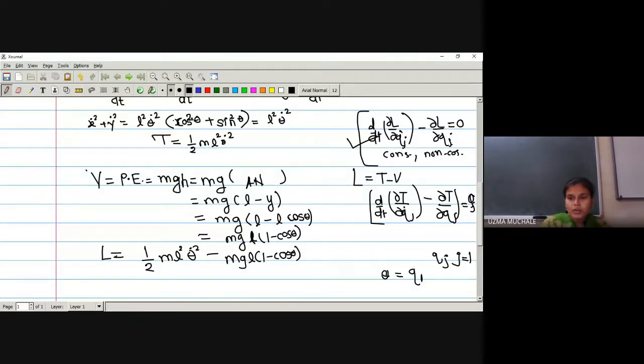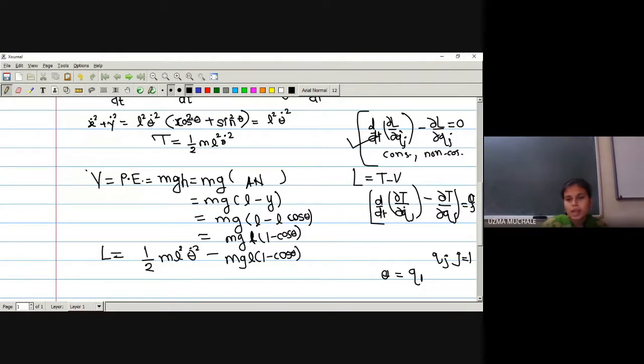So instead of solving two equations, as we did in the last example, in this example we have to solve only one equation, because we have only one qj. But in the last example, we had 3 qj, no? We discussed the example of a particle traveling in 3D space.